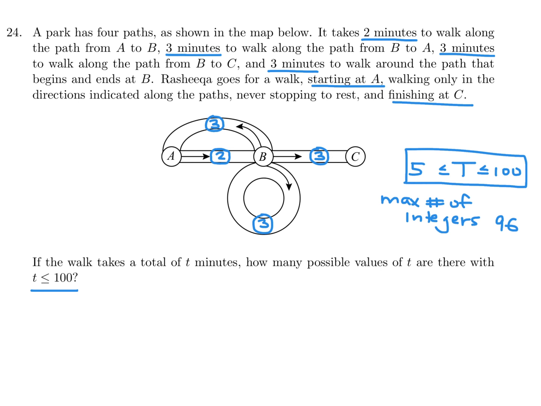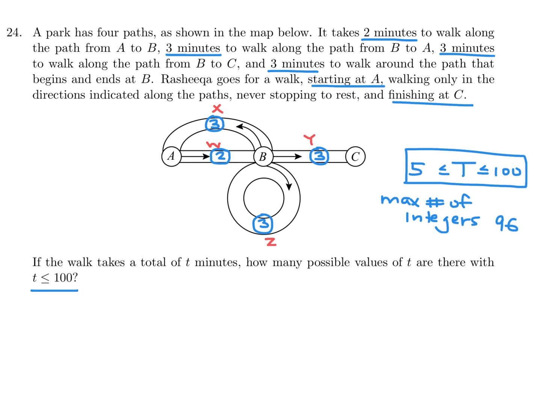Okay, so I am going to label these paths with some letters. I don't want to use A, B, C, D, because they've already used those letters, so let me just use W, X, Y, and Z. It doesn't really matter.